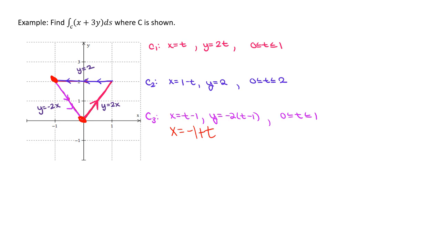That's what I have written in purple. I just wrote it as t minus 1. So my x values start at -1, they're increasing, and they're stopping at 0. That means my t values would go from 0 to 1. Okay, that matches with the x values. And then if we're along that path y equals -2x, then the y values would be -2 times (t minus 1).